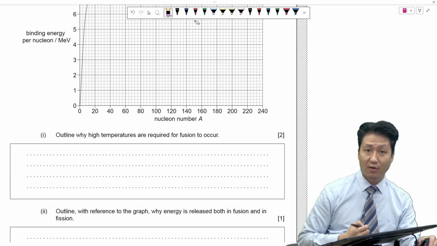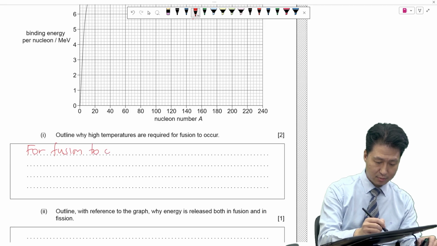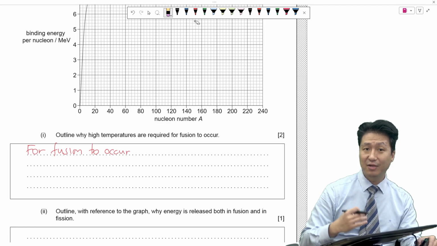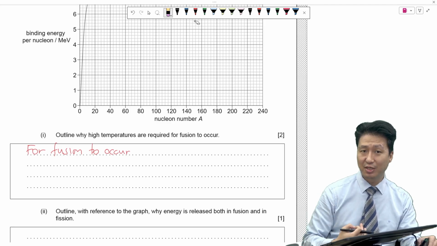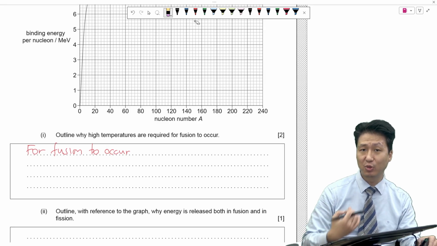So, for fusion to occur, the atoms need sufficient kinetic energy to get close enough to overcome the electrostatic repulsion of the nuclei.